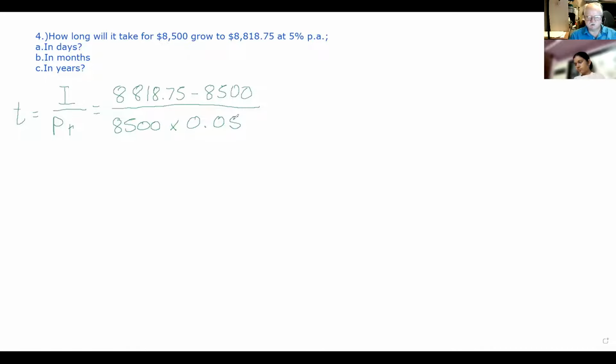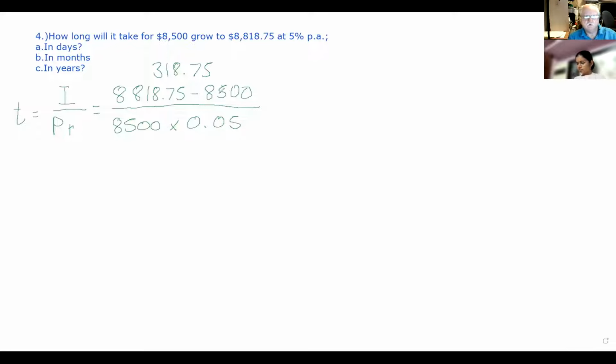So let's do this calculation at the top first. 8818.75 minus 8500. This is 318.75.